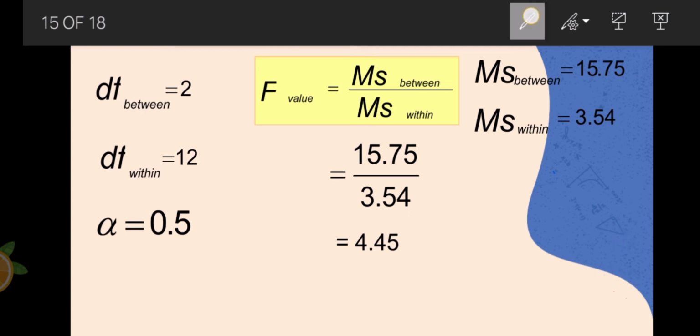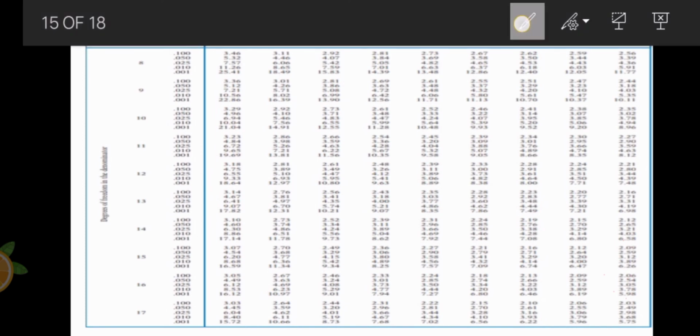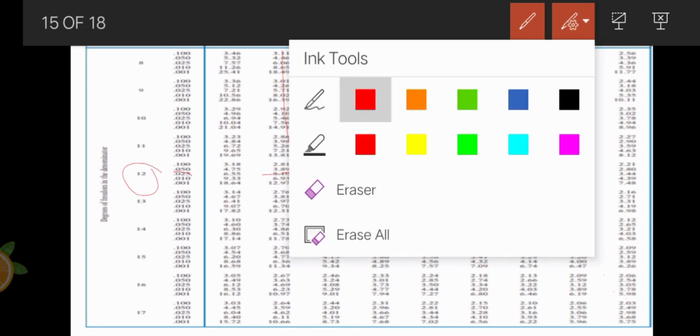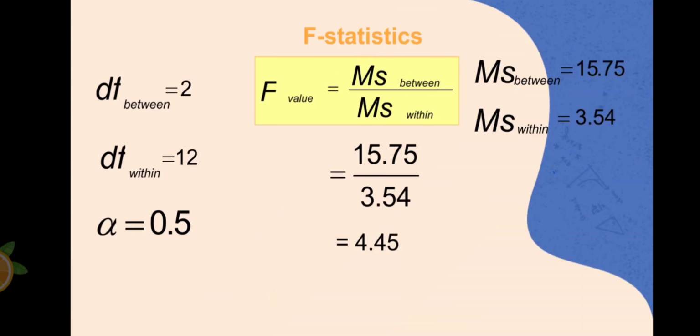So since we have the denominator of 12 and the alpha level of 0.05 and the numerator of 2, this is the 2. So we have this 3.89. So that would be our F critical.